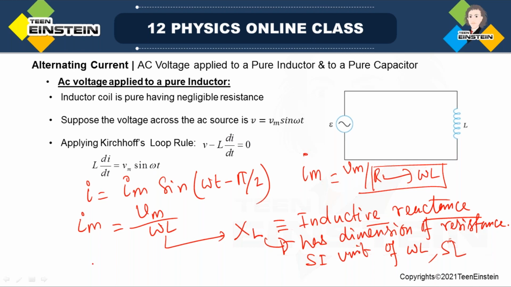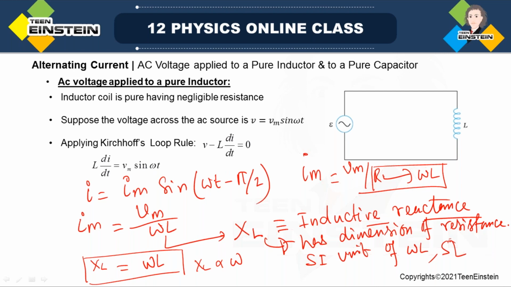Okay, and you have to remember XL is equal to omega into L. This is called inductive reactance. So XL is directly proportional to omega, the frequency of the signal.